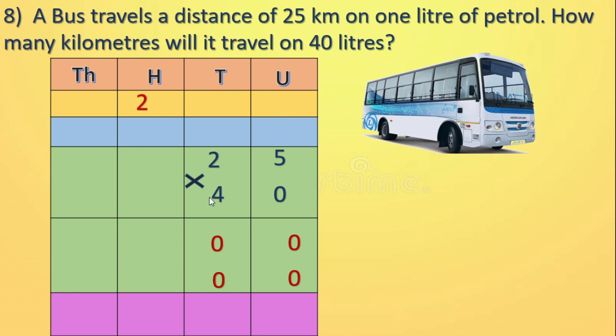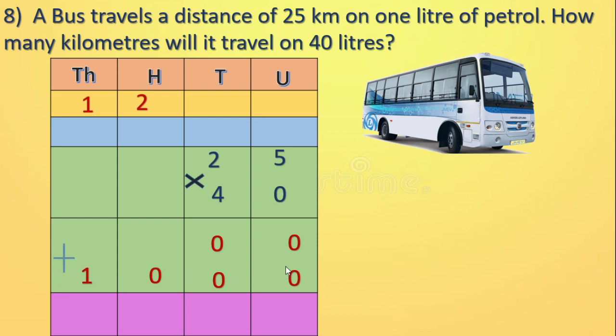Okay. Now we are multiplying this 25 by 4 tens. So I am using this upper row. Now 4 twos are 8 plus 2, that is 10. So 1 is carried over to thousands place, right? Now here we can write 1 because nothing is there, right?